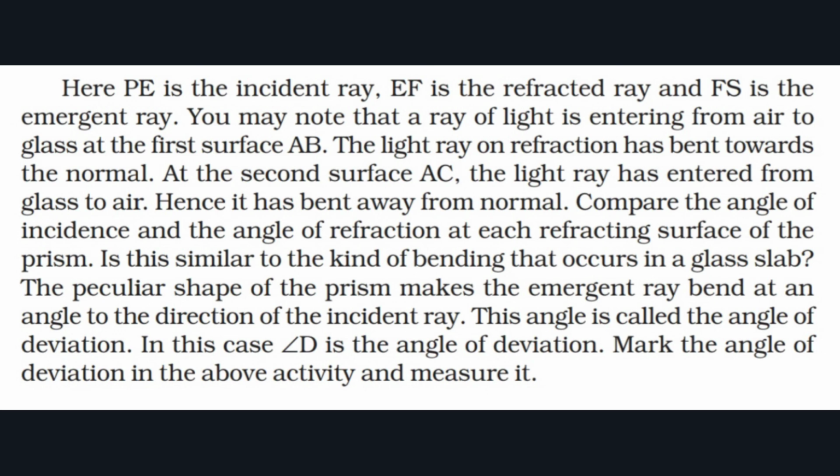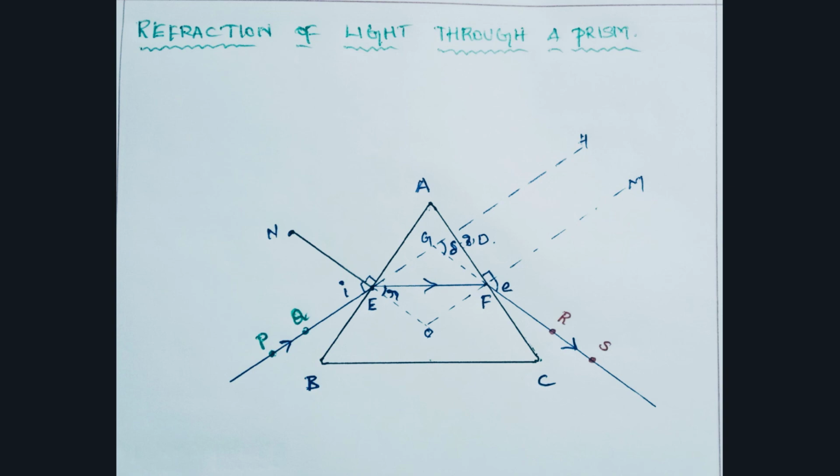This angle is called the angle of deviation. We observe in the figure angle D, the angle of deviation. Mark the angle of deviation in the above activity, and we have to measure it. So finally we have to measure the angle of deviation and the refractive index of the glass prism. So this is the diagram of refraction of light through a prism.